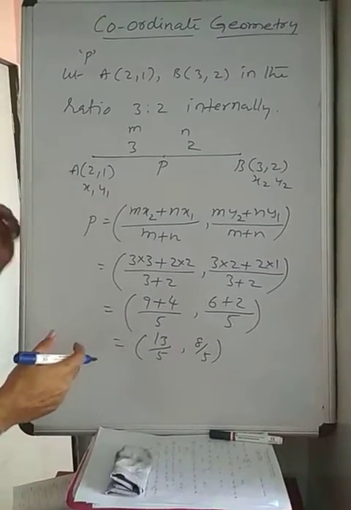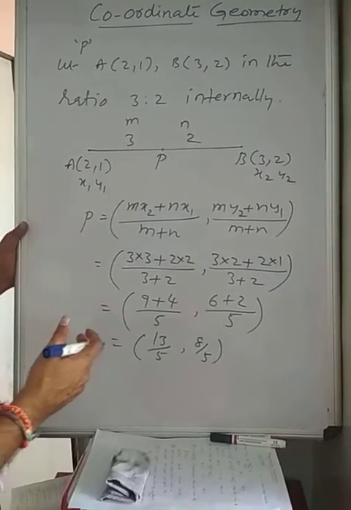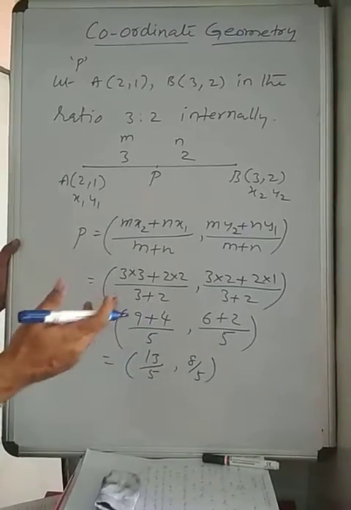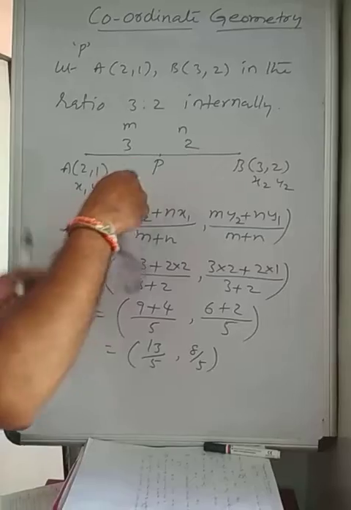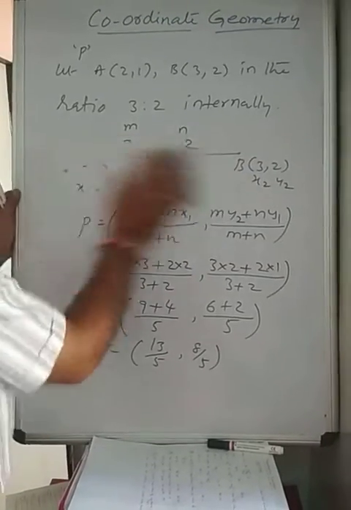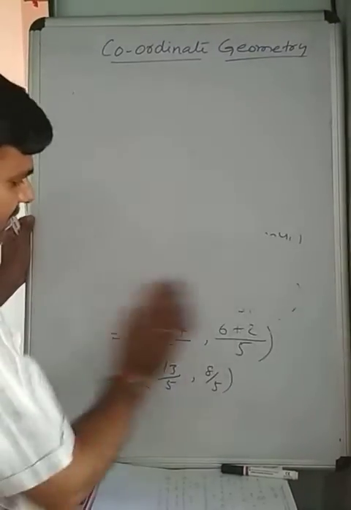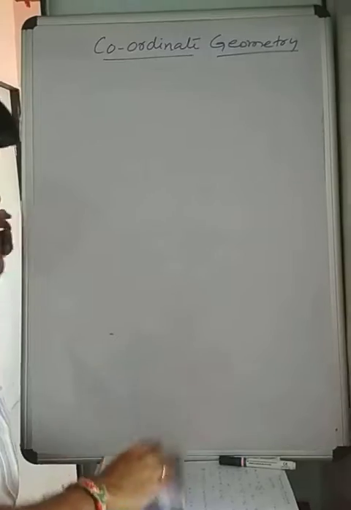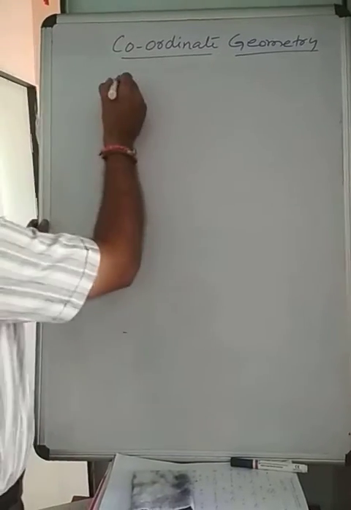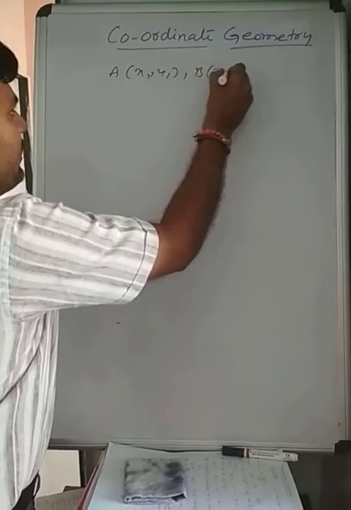So like this, we use the section formula to find the coordinates when dividing internally and externally. Now the midpoint formula. Now you know the coordinates of P dividing in the ratio m is to n. Let A be (x1, y1) and B be (x2, y2).